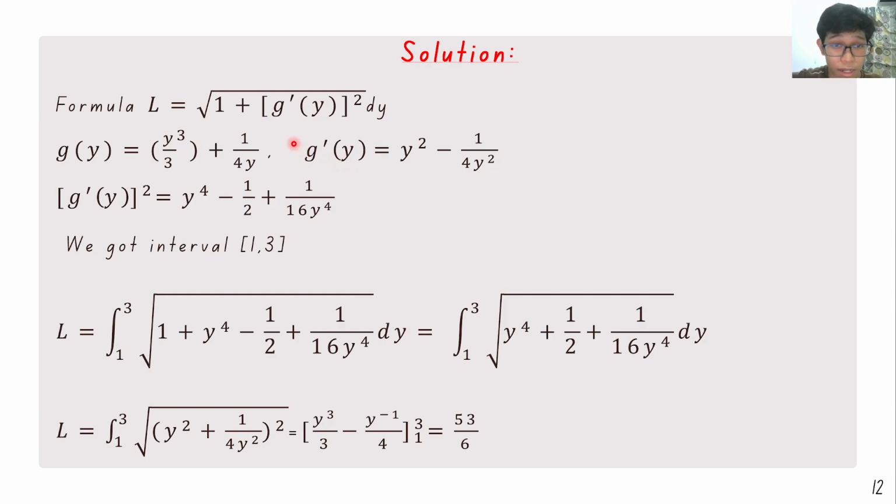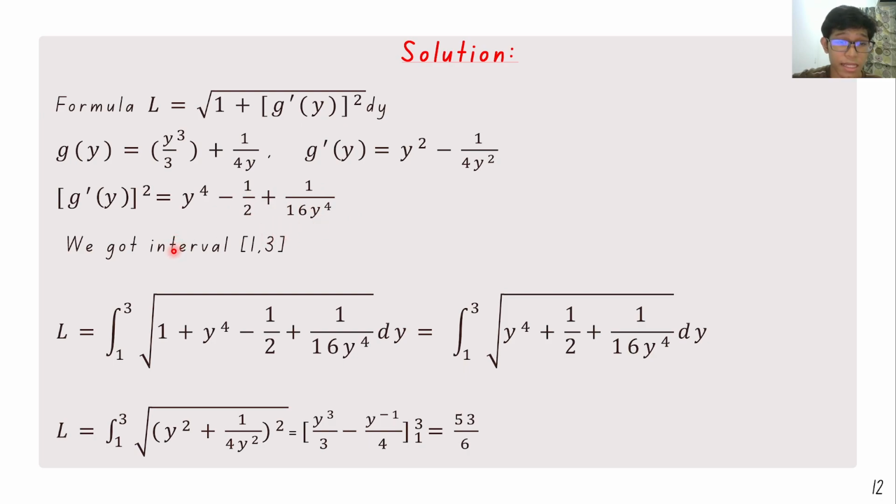It's the same as before. We need g prime of y squared, so we just put it in the square. We obtain y to the 4 over 4 plus 1 over 2 plus 1 over 16 y to the 4.